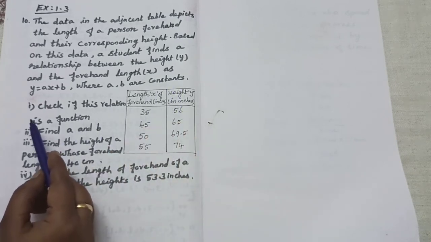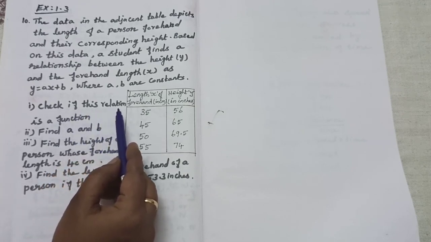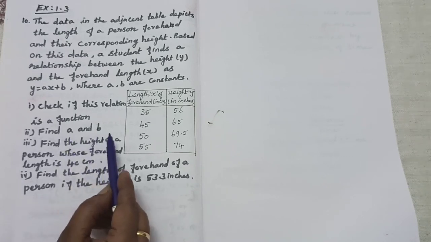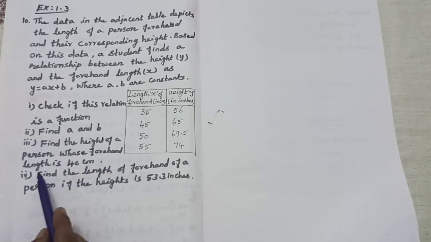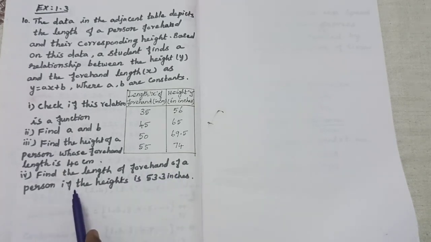Our first question is, check if this relation is a function. Second one, find a, b. Third one, find the height of a person whose forehand length is 40 centimeter. Find the length of the forehand of a person if the height is 53.3 inches.